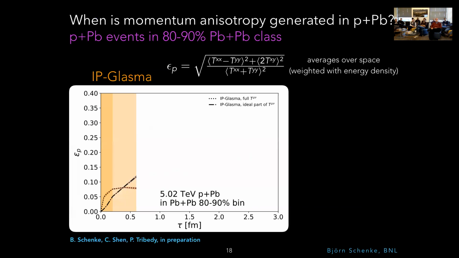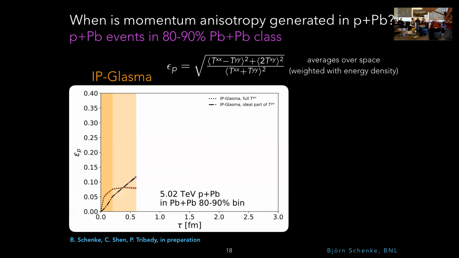The point is that if you do this Yang-Mills calculation, you get a finite value of this anisotropy already. If you started out with something where you just isotropically sampled some particles, you would get 0 for the case where you use the full T mu, including all the viscous corrections, which is the dotted curve.